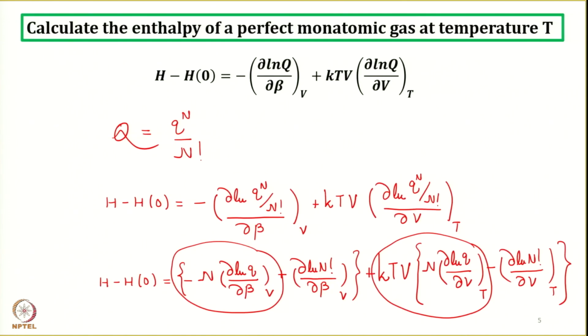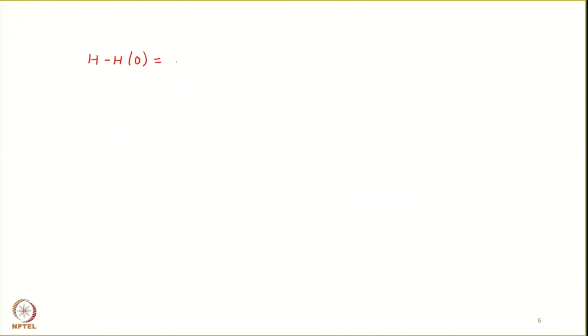So, what I will write is now H minus H0 is equal to, let us bring back from the previous one, minus n del log q by del beta at constant volume minus n del log q del beta at constant volume.